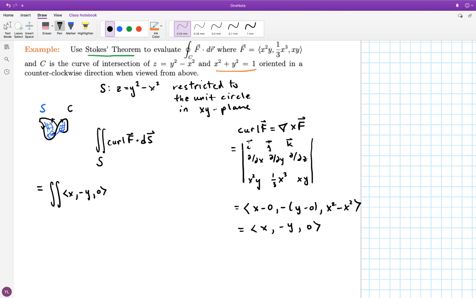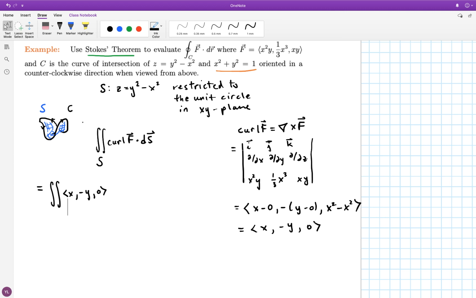If you let x be the u parameter, for example, and y be the v parameter, then the r_u and r_v vectors are pointing in the direction of the x-axis and y-axis, and when you take the cross product r_u cross r_v, it's going to be pointed upward. So that's exactly what I wanted to be consistent with the orientation of the curve along the boundary. So letting x be the u and y be the v is a good choice.